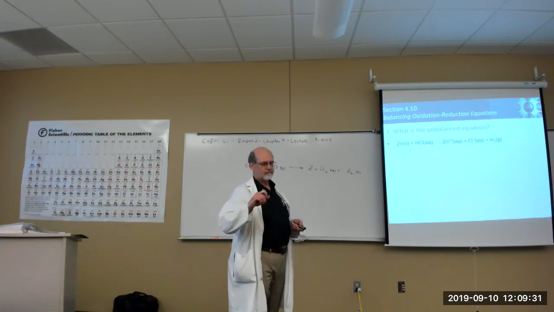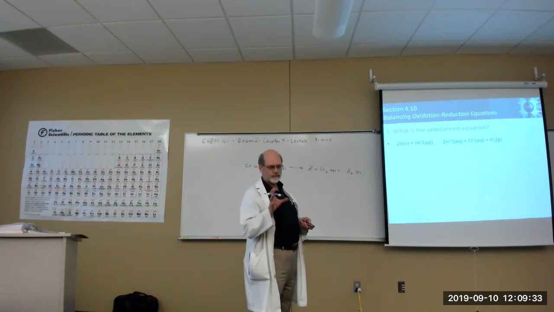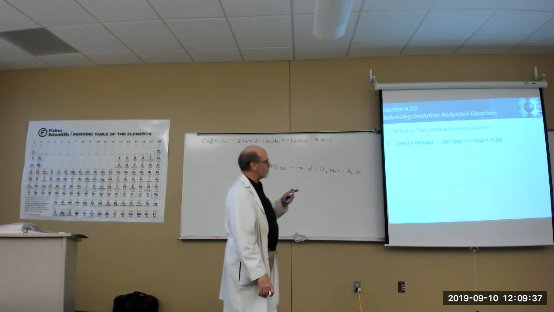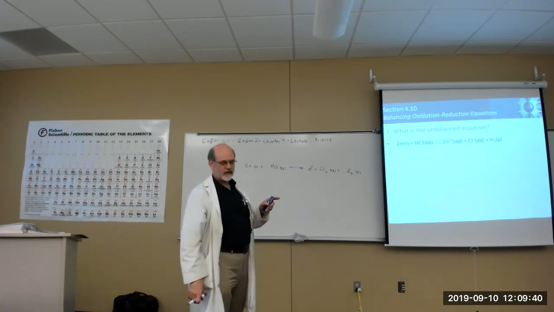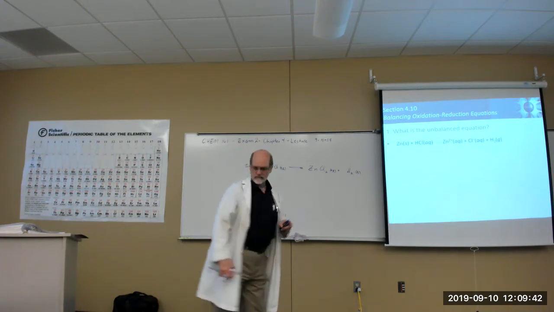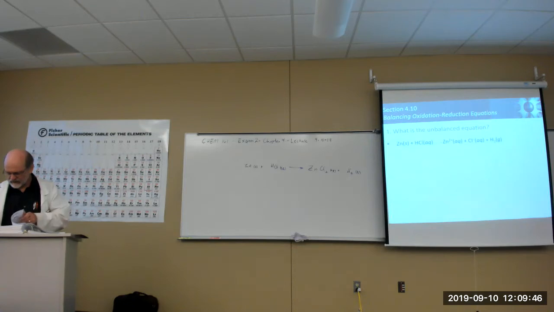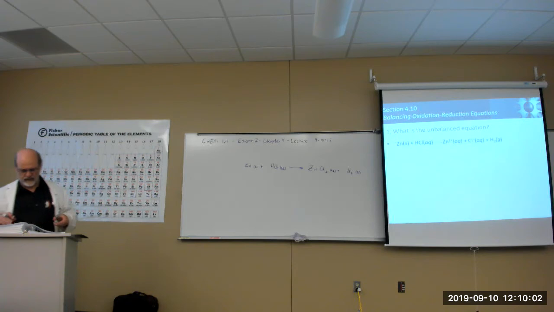And maybe we'll focus on this one for the review session, because there are many more complicated redox reactions that require a different tactic for balancing. This works in many cases, but not in all cases. And maybe that's the second semester.